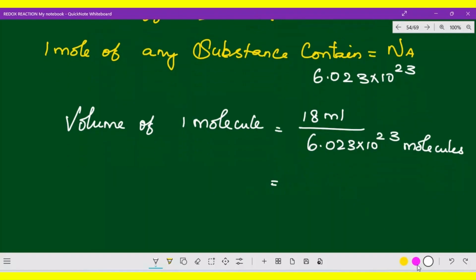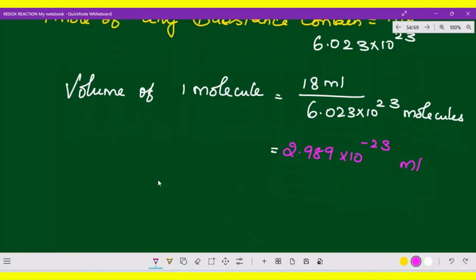Now, what value will you get? You'll get around 2.989 into 10 to the power of minus 23 ml. What value are you getting? Here 2.989.